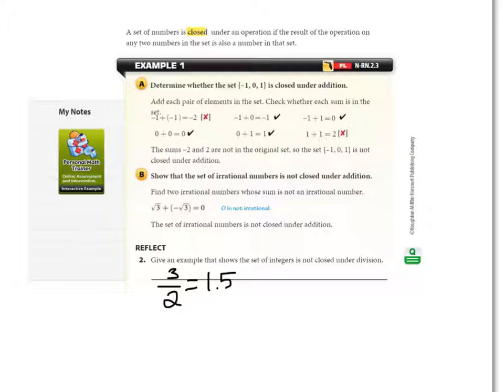Now, you also could have done the same with -3 and -2. You would still get a number that is not an integer. Or maybe you took your number and you only made one of them negative. That is still not an integer because it's a decimal. So if you look at your example, if the two numbers turn into a decimal when you divide, then you're good to go.